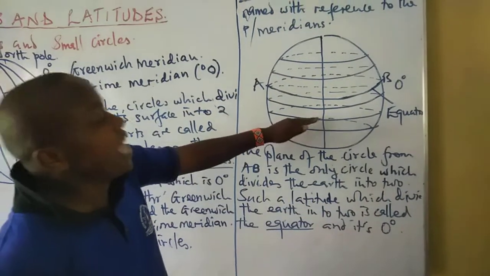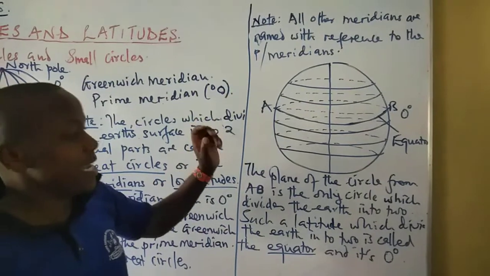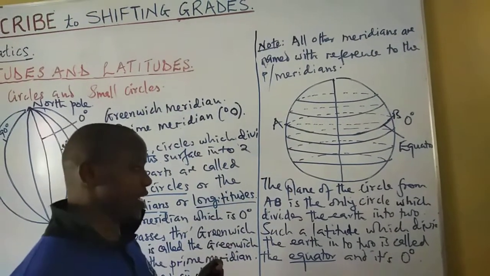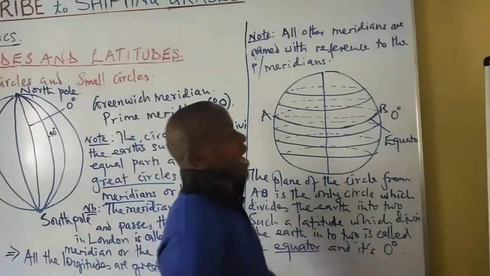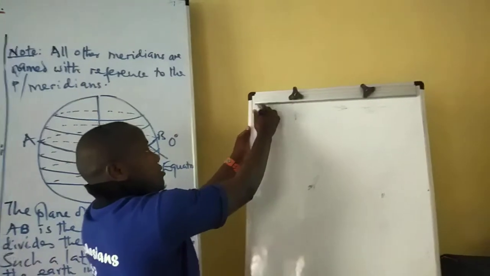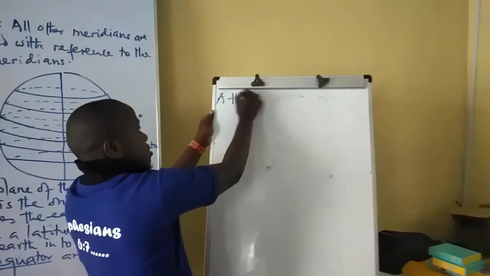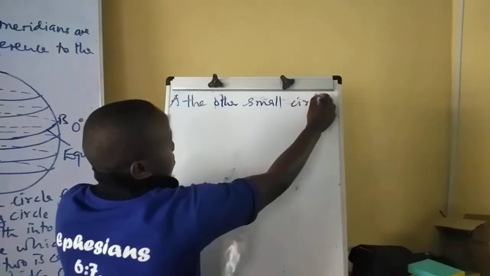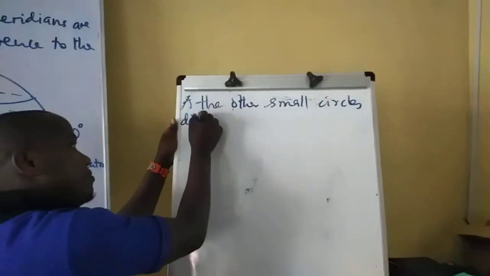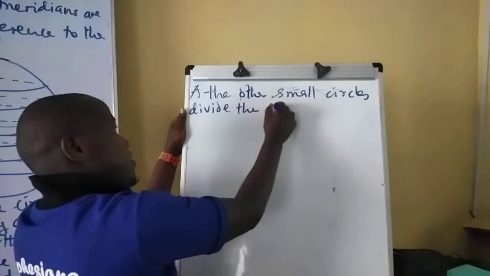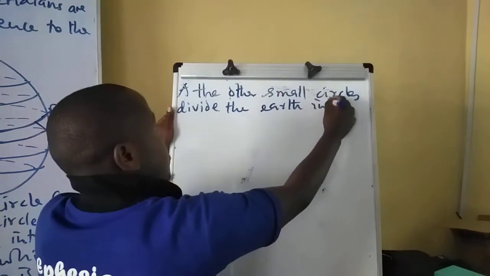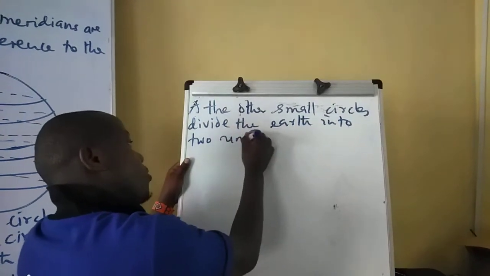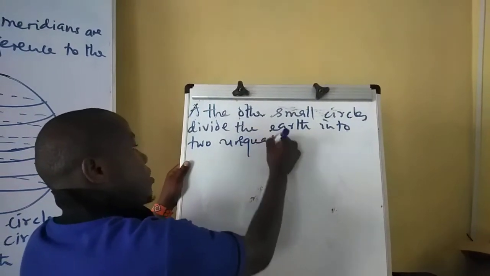Therefore now the other latitudes are dividing the Earth into unequal portions, and therefore that is what we are saying: the other small circles divide the Earth into 2 but unequal portions.